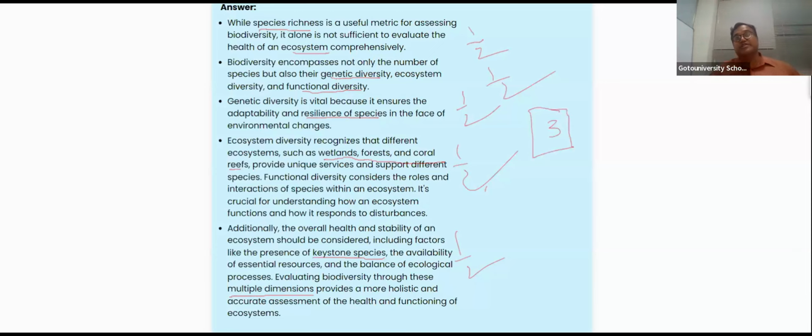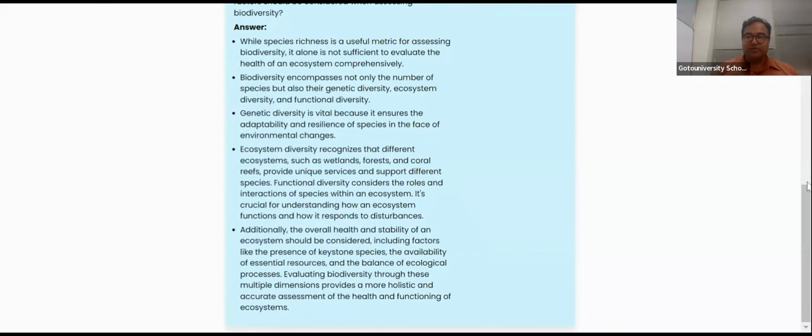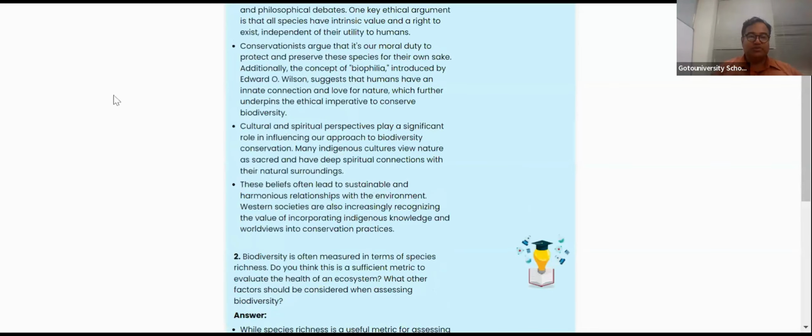This is the way the marking scheme looks in the evaluation area. Your answer sheet will be evaluated by teachers with a marking scheme like this. They will check the keywords, then the grammar, then the clarity in which you narrated, and then they will give the marks, right? If any one of you has any doubt in this place, please let me know. I already explained it to you in detail.